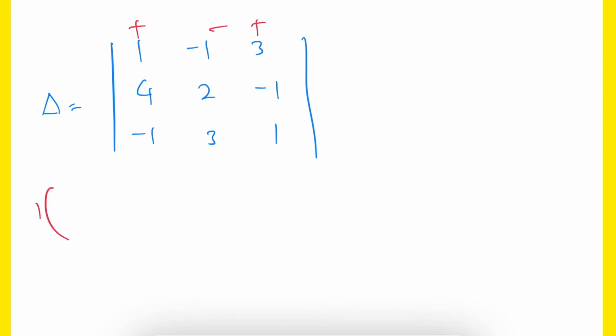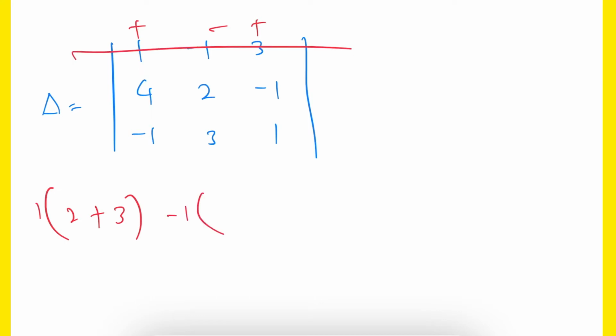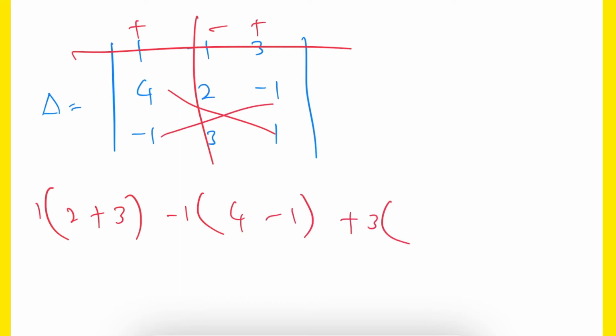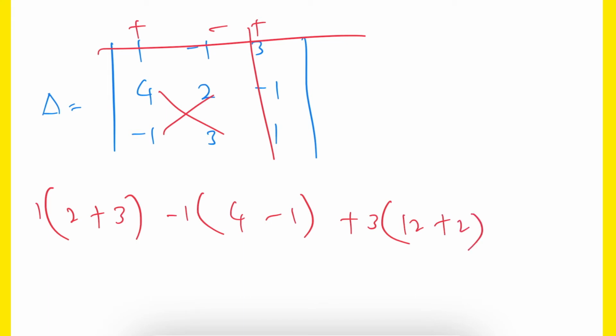So 1 into 2 ones are 2, minus 3 into minus 1, minus 3, already minus is there, so plus 3. Then next, minus 1 into, if you remove the row and column, 4 ones are 4, minus 1 into minus 1, plus 1. Then the last will be plus 3 into, if you remove the column and row, 4 3s are 12, minus 1 into 2, minus 2, already minus is there, so it will become plus 2.